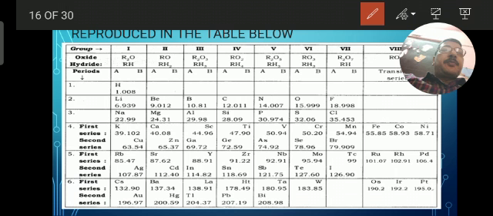Suppose for example we have the element in the fourth group, that is carbon, in the second period. Carbon is forming the oxide with the general formula RO2. R is the element, so if you place carbon in place of R, then it will be CO2.